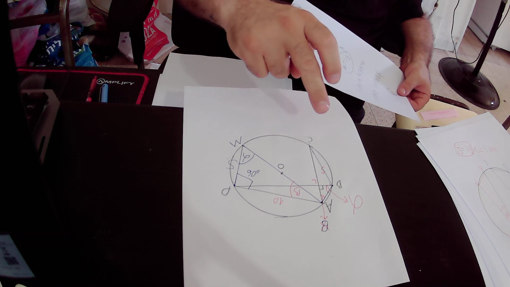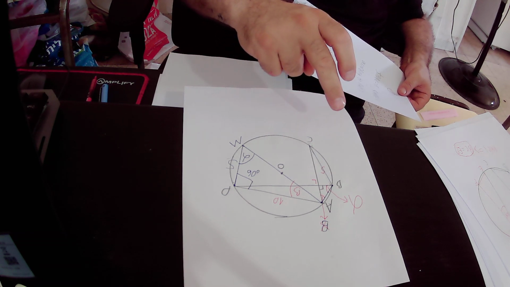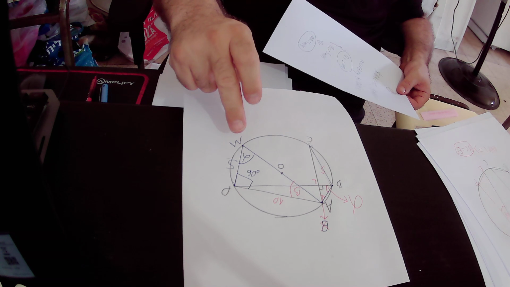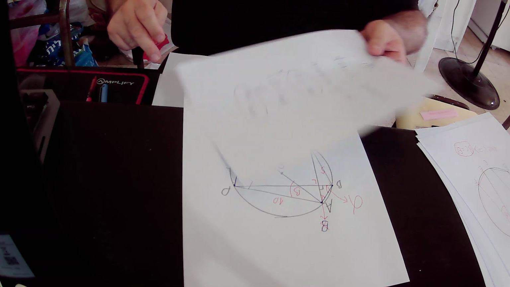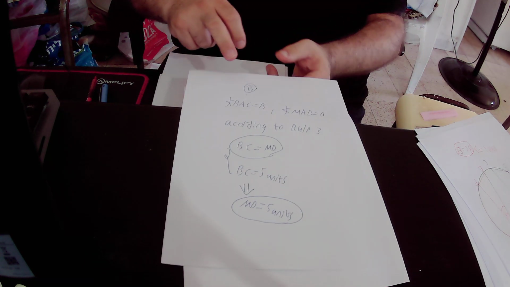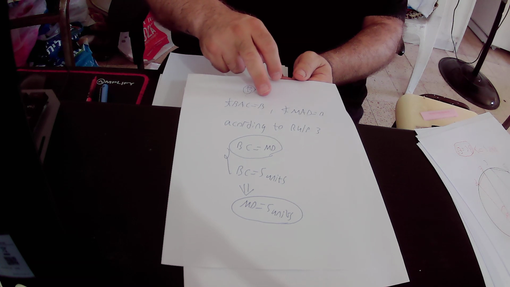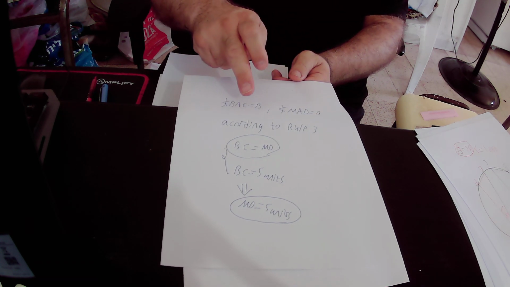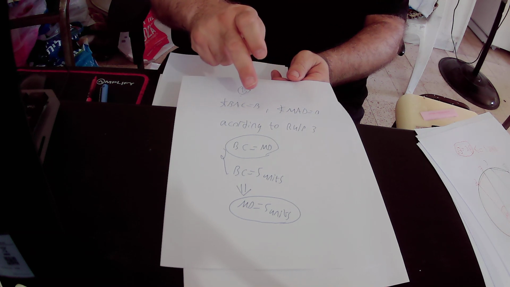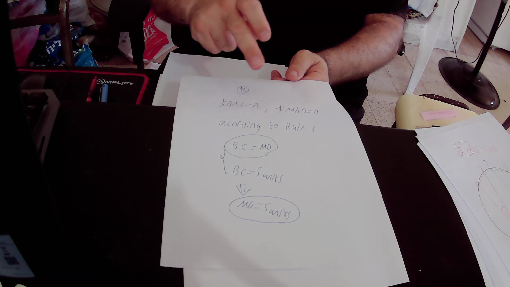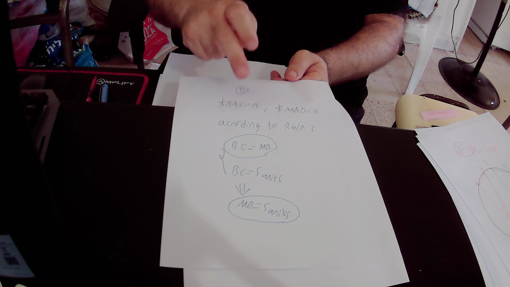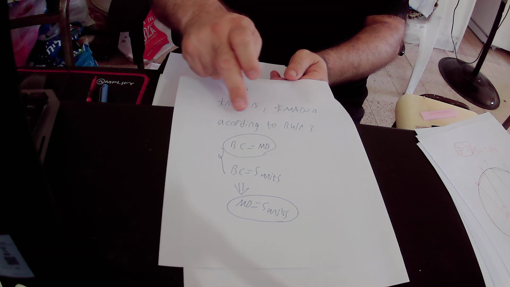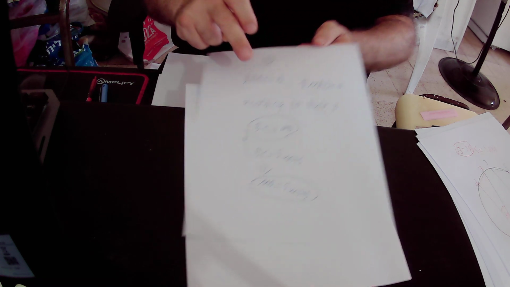Because angle BAC equals beta and also angle MAD equals beta, according to rule number 3, the angles that equal each other rest on equal chords. That is to say, BC equals MD.